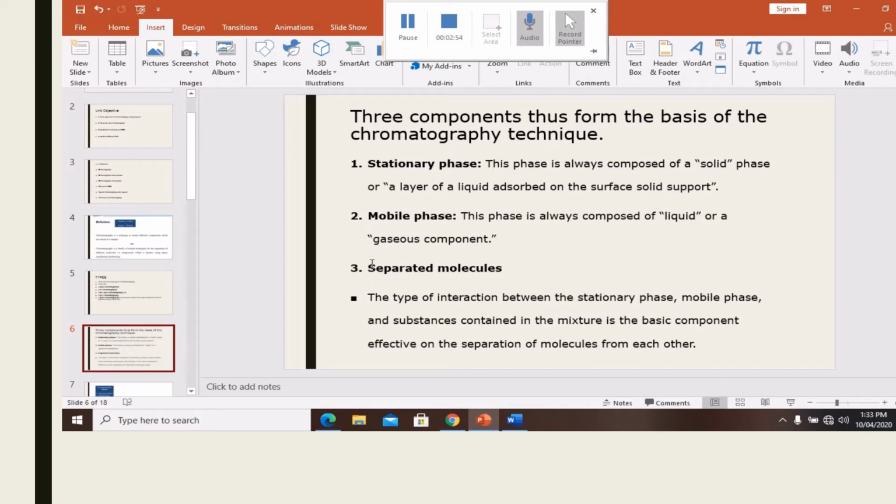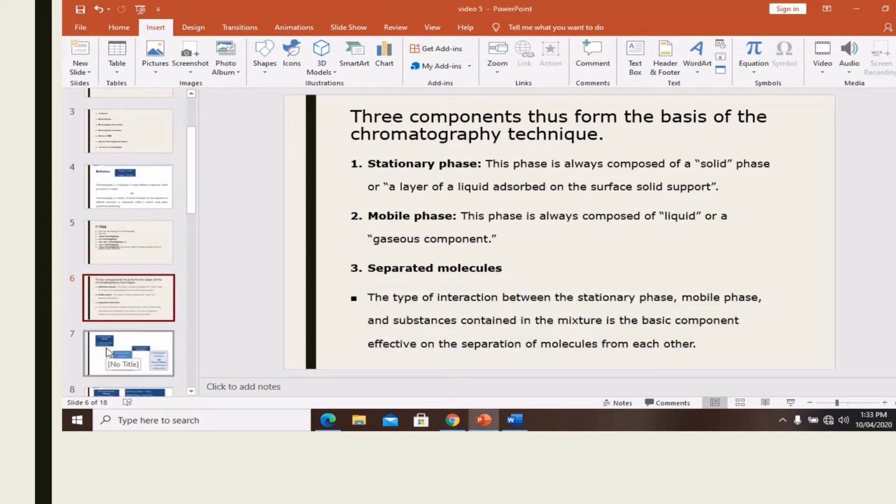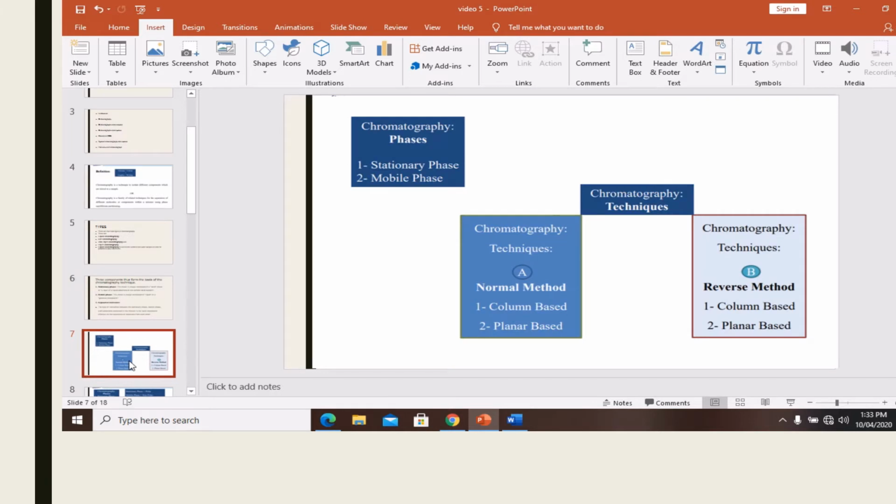The mobile phase consists of water or a liquid. The interaction between the stationary phase, the mobile phase and the substances contained in a mixture is the basic component that is effective in separating molecules from each other. So these are the phases mentioned: stationary, mobile, and the analyte phase, which plays the major role.